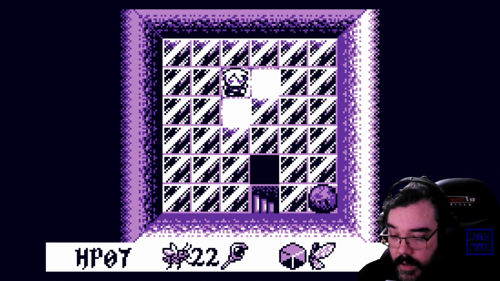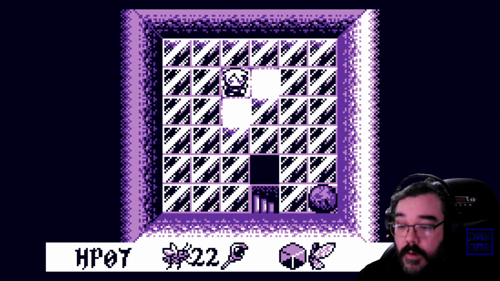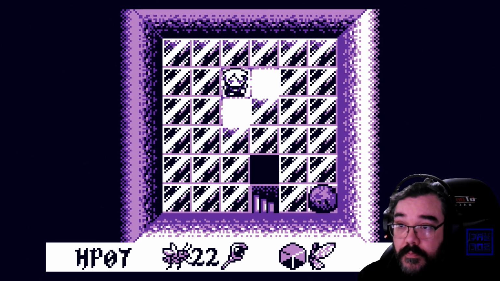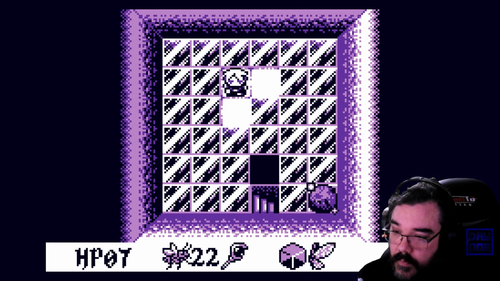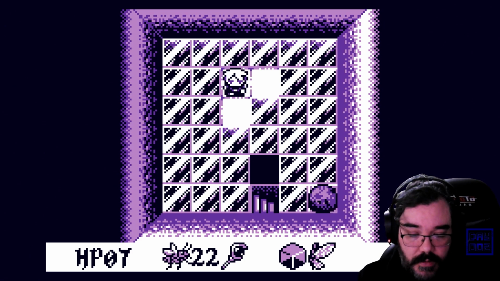So there are 2 in the bottom left, 2 on the bottom on the left, and there's a gap. Actually, we already know that that's a thing. Let's fill that out as well.